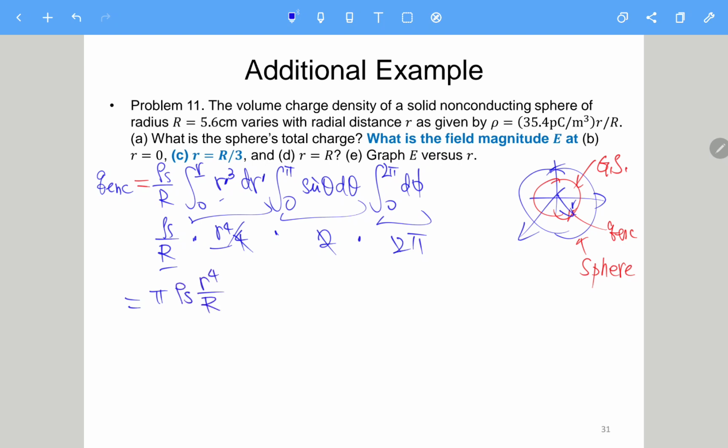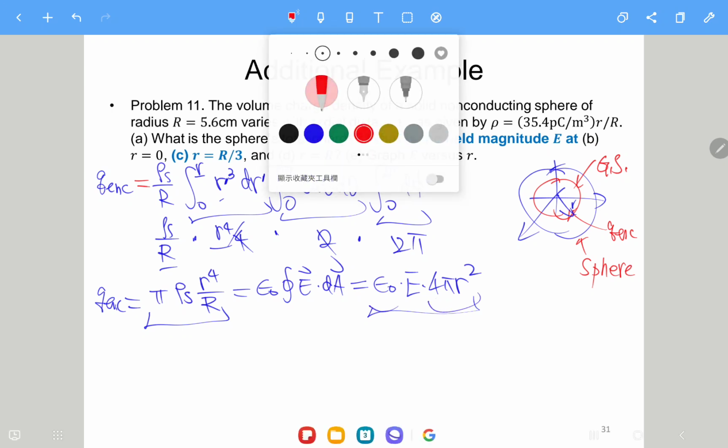So this is Q enclosed, and then we can apply Gauss law. This is epsilon naught integration of E dot dA. As always, it is epsilon naught times E times 4 pi r squared. So we have this one equal to this one, and we can move over this term or make necessary cancellations.